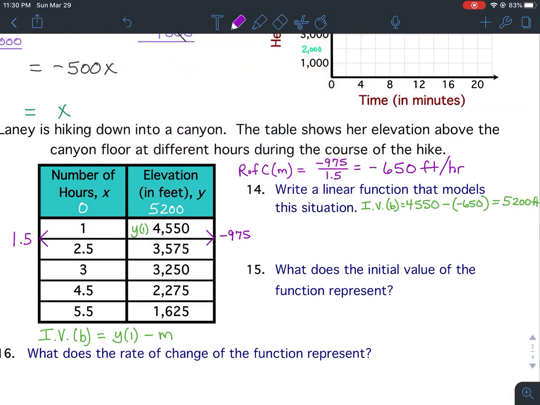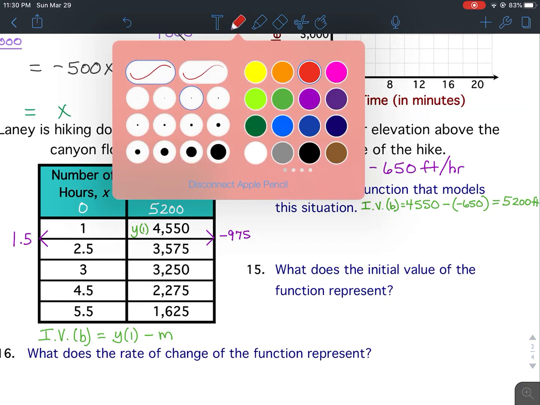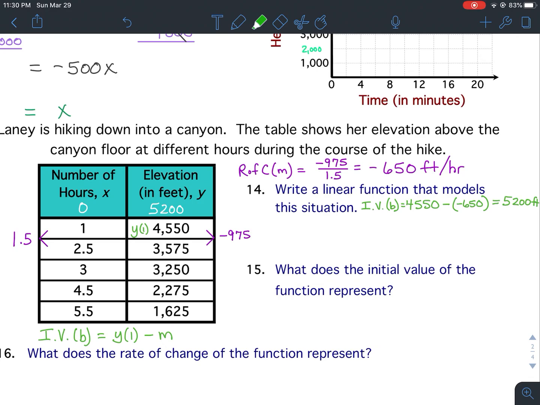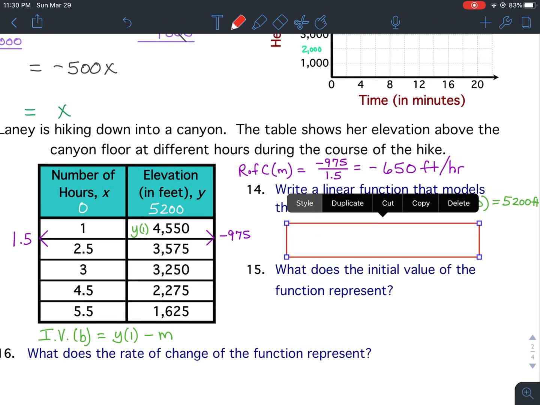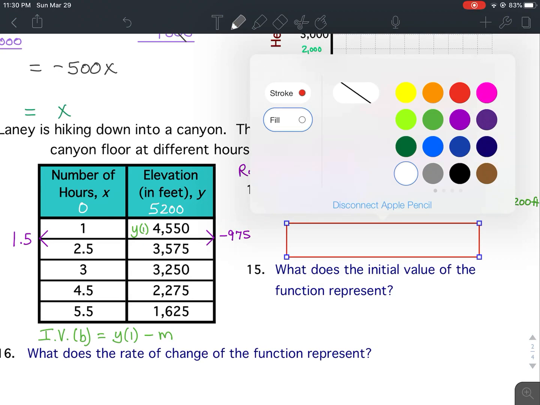So what you're going to want to do right now, using this information right here and this information right there, go ahead and write your equation. Y equals, put your slope in front of x and your y-intercept behind x. I'm not going to write that equation for you. You're going to go ahead and do that yourself.